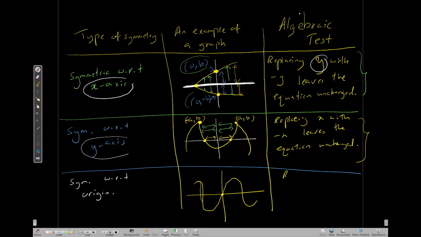So here, replacing x with negative x and y with negative y, so both, leaves the equation unchanged.